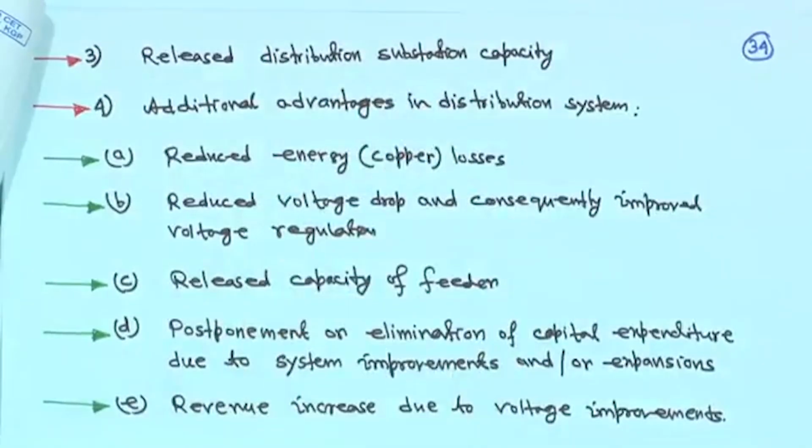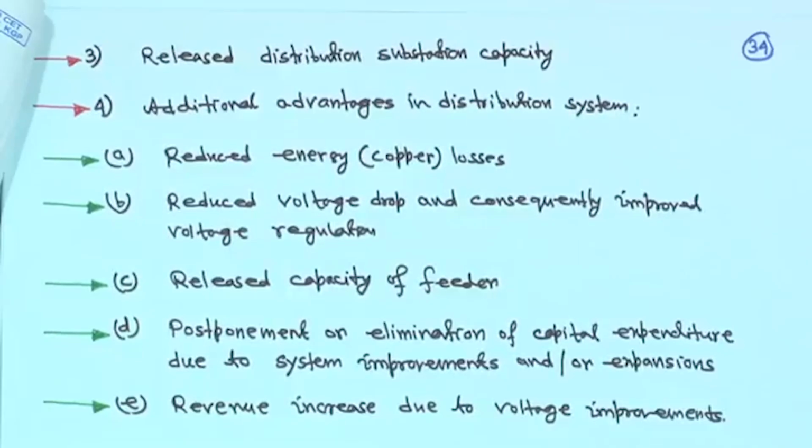That means apparently substation capacity will increase, because the transformer, without capacitor, whatever KVA it was supplying, that KVA supply will be reduced because of the shunt capacitors, although real power will remain the same, because we are not connecting any real power devices such as distributed generation, but reactive power. So, that is why it will release the distribution substation capacity, because transformer loading will be less, as it supplies less reactive power, because you have shunt capacitors on the distribution side.